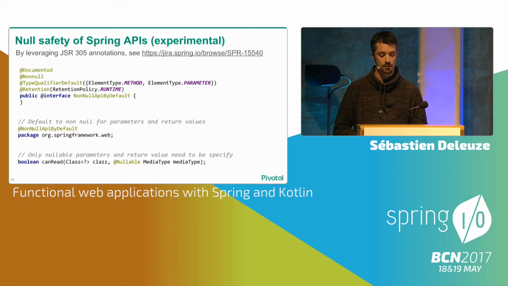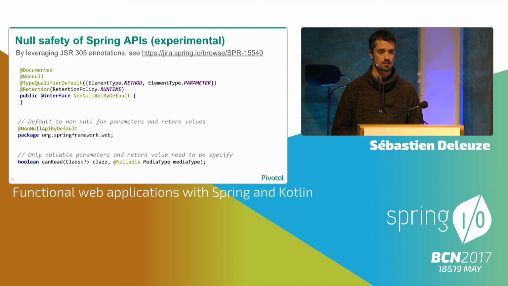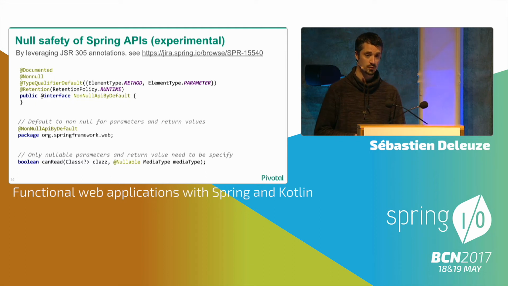That means that we try to add annotations at package level to say the default for all parameters and return values is not nullable. And if we add a @Nullable annotation, that will mean that this particular return value or parameter is nullable. And that will be very, very useful for Kotlin projects, because that will make all the Spring API null safe.